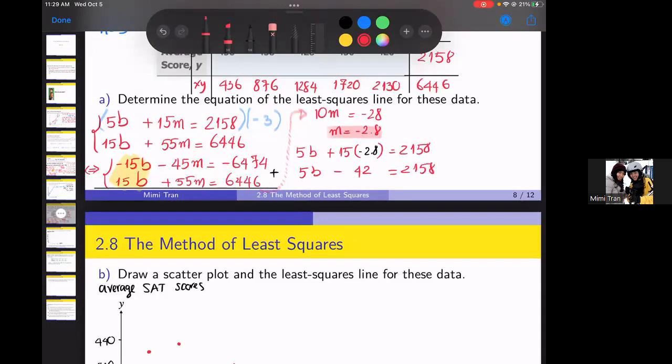Add 42 to both sides. So 2158 plus 42. 5b equals 2200.